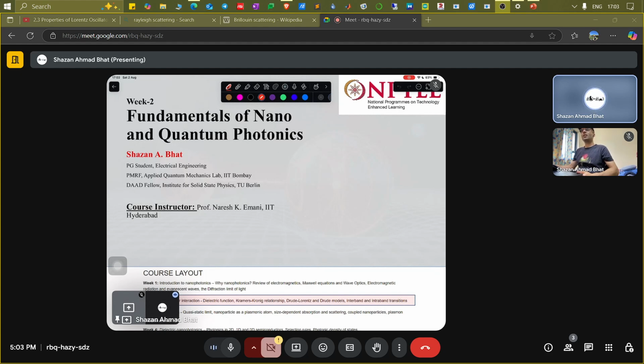Then we will jump into light matter interaction in metals, where you have free electrons, something called the Drude-Lorentz model or Drude model. Herein we are going to see the interband and intraband transitions.